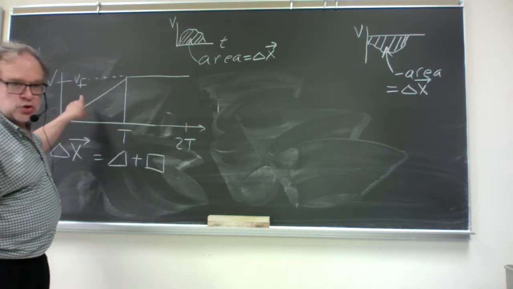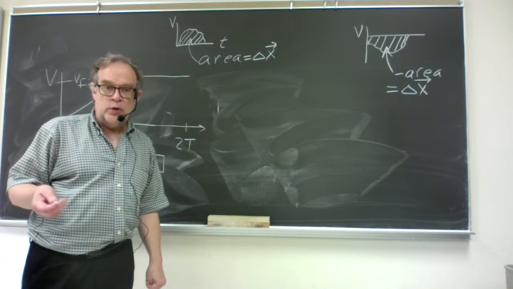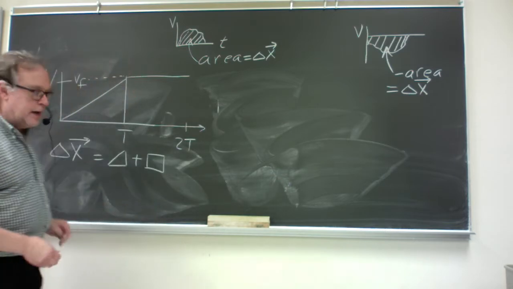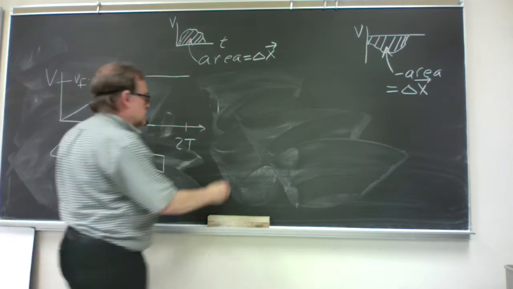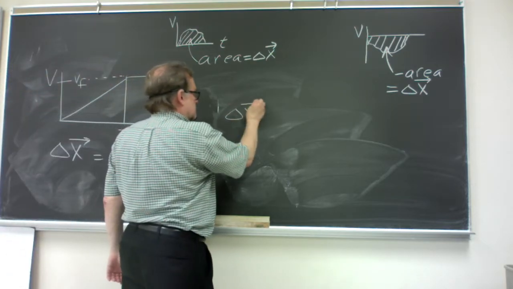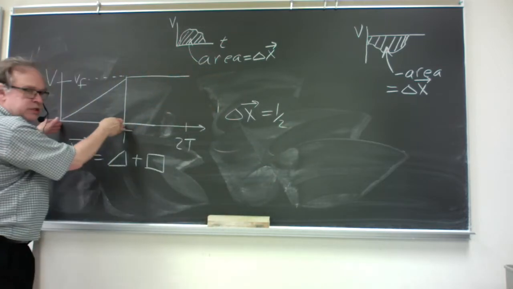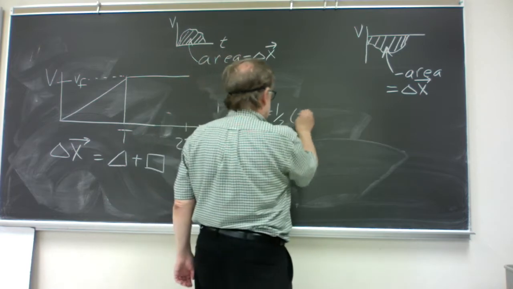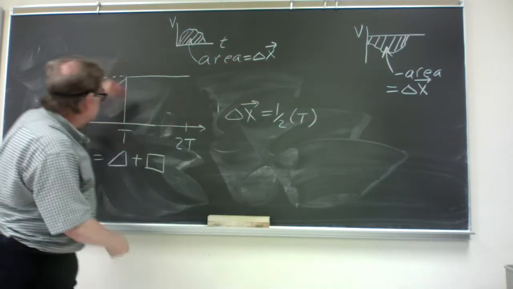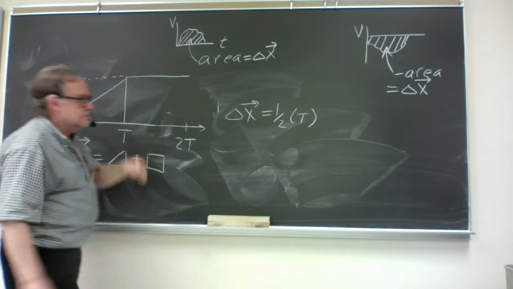This area is a triangular area. Go back to geometry, and the equation for the area of a triangle is 1/2 base times height. So 1/2, and then the base side is just a length of t seconds. And then the height is just vf.